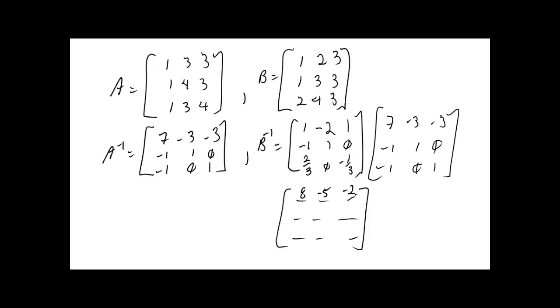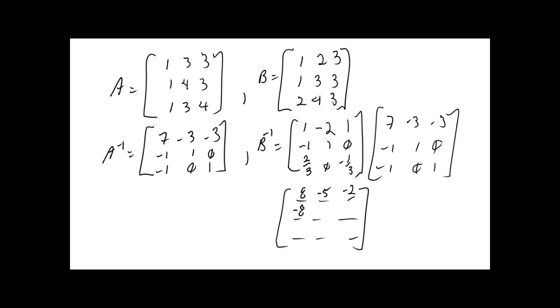2, 1 entry. Second row, first column: -7, -8, plus 0 is -8. 2, 2 entry.